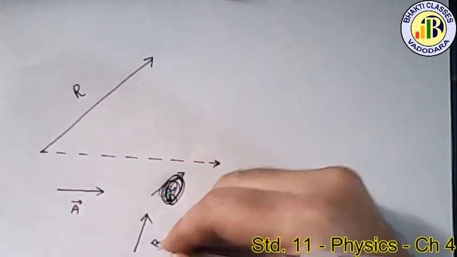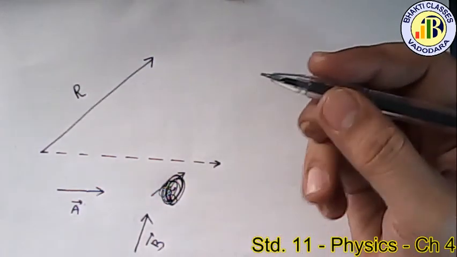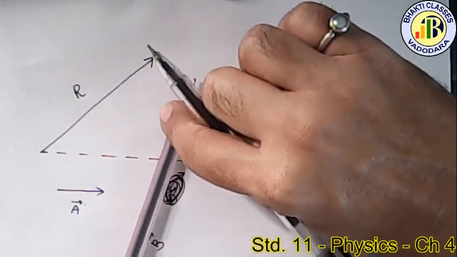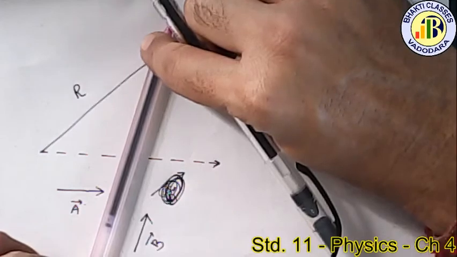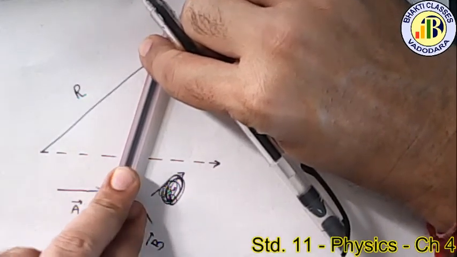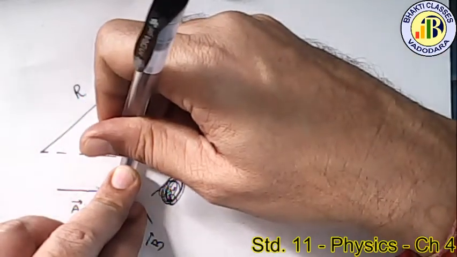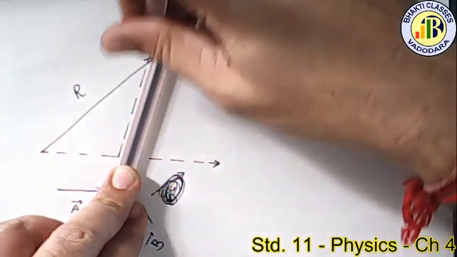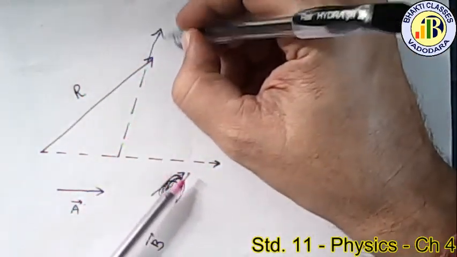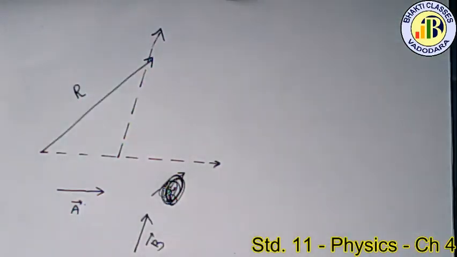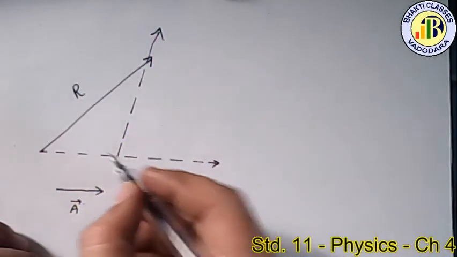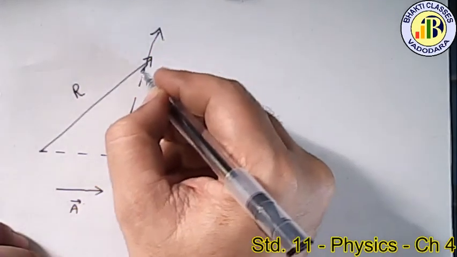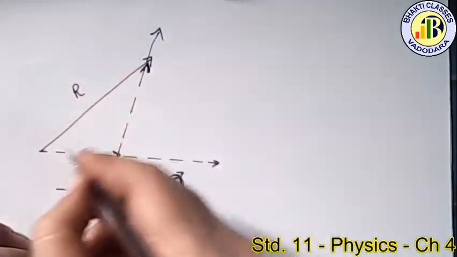Now I am drawing the parallel vector of B in this direction. Okay, I have drawn a parallel. So I can represent R as the combined effect of these two vectors.